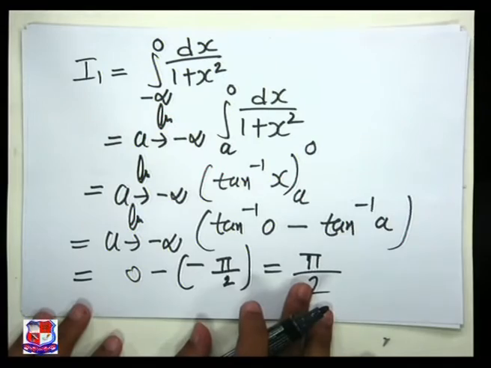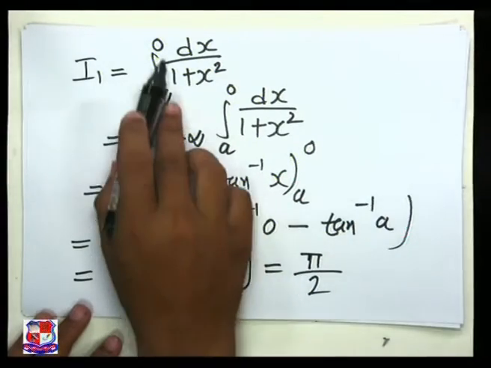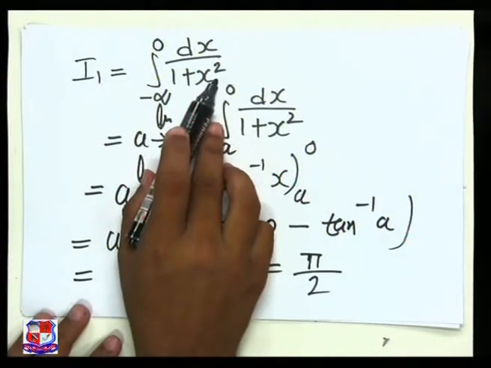Also we want to find I2, where I2 is the integration from 0 to infinity of dx upon 1 plus x square, right?